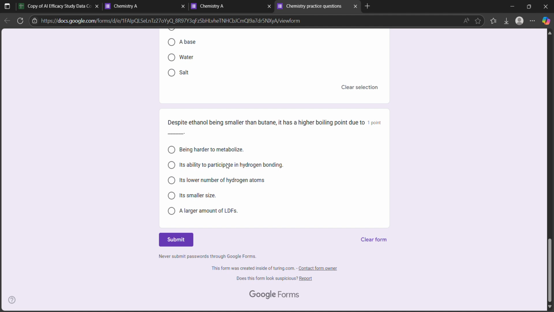Despite ethanol being smaller than butane, it has a higher boiling point due to... Ethanol is basically an alcohol and butane is an alkane.